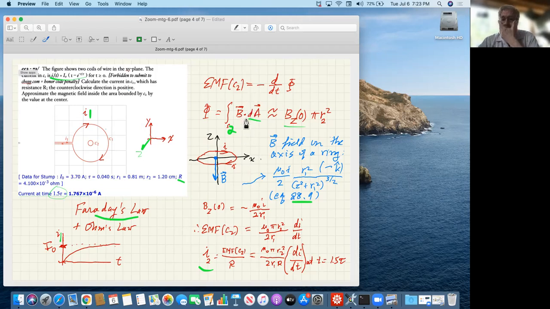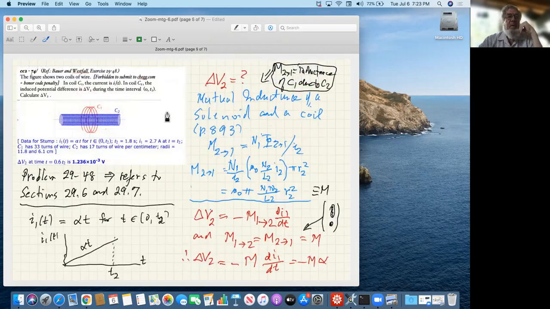Okay, then. Let's go on to this problem, which is a little more involved. This is a problem from the book. It's a problem at the end of chapter 29. There's a section of the book on mutual inductance. And this is an example of mutual inductance. You have two coils of wire.